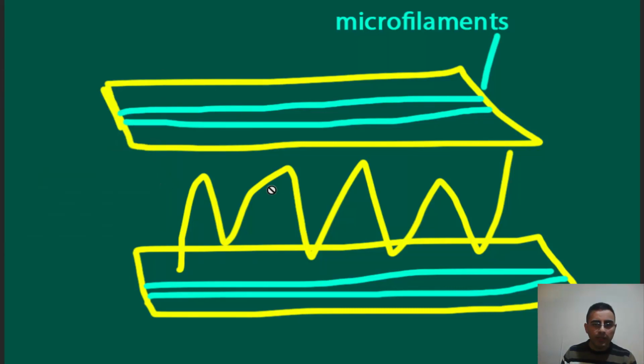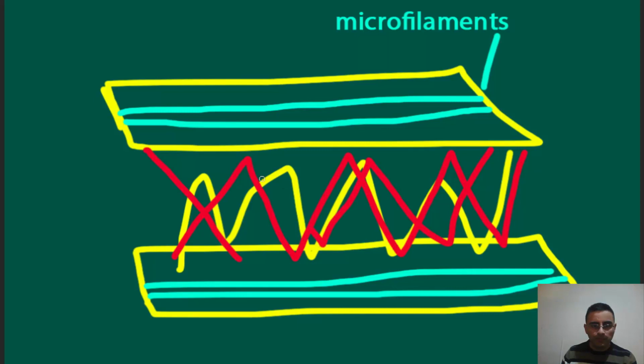Where are intermediate filaments? Let's do this in red. Intermediate filaments are inside the cell between microfilaments.